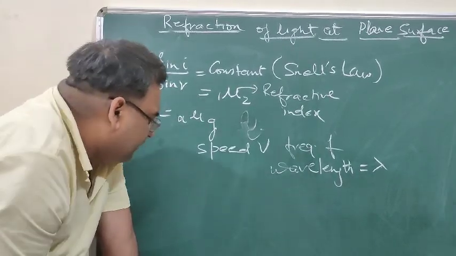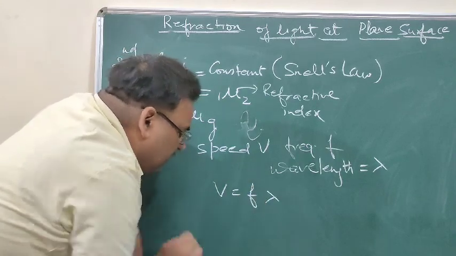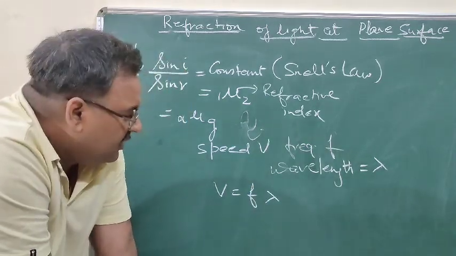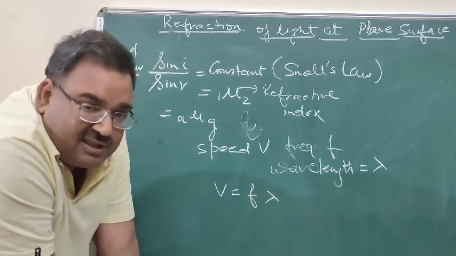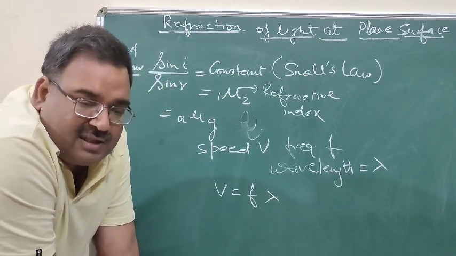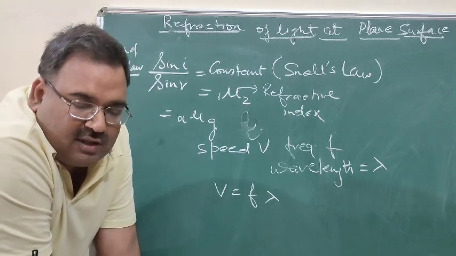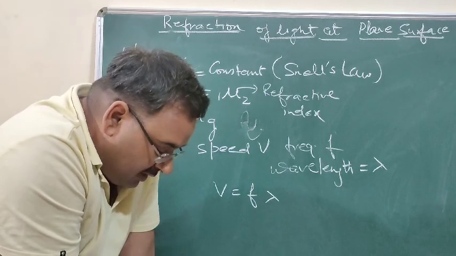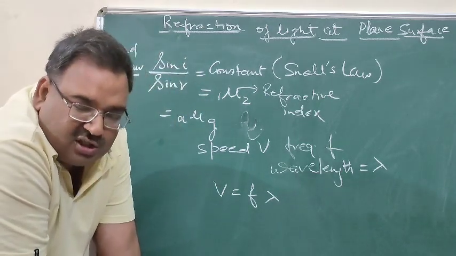Now actually we have the relationship V equal to F lambda. There is a relation. Speed is equal to frequency into wavelength. Now frequency depends upon the source. What is the frequency of the light that is emitted out depends upon the source. So frequency does not change.